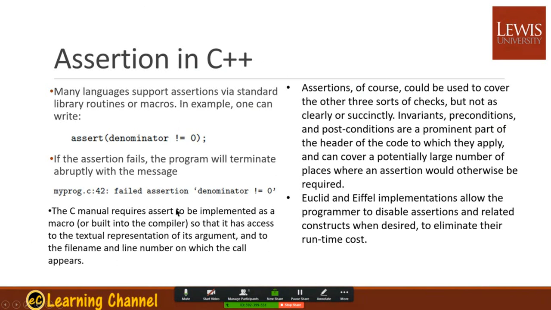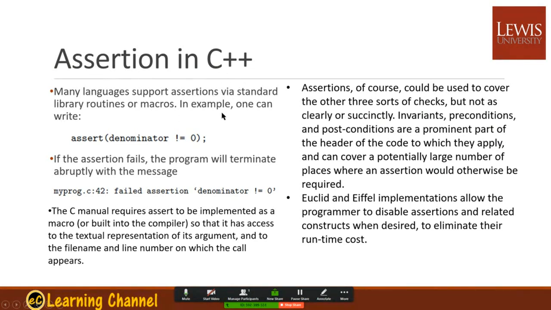So this is required for C++ for every implementation. And assertion, of course, could be used to cover the other three sorts of checks, but not as clearly and succinctly. And actually, same thing for assertion in C++.